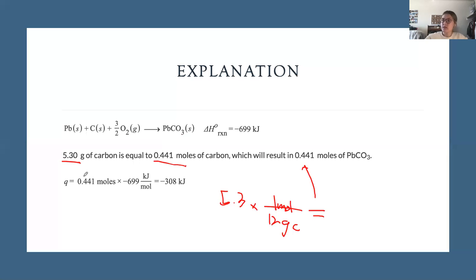Then we take that 0.441 moles and multiply it by the sum of our change in heat reactions. We get not just the amount of heat from the reaction, but specifically the amount that was needed for 5.3 grams of carbon.